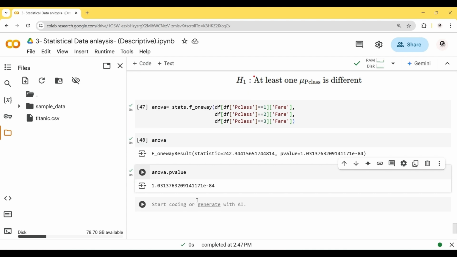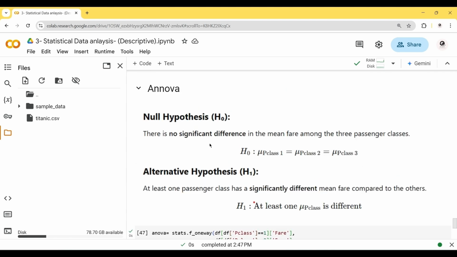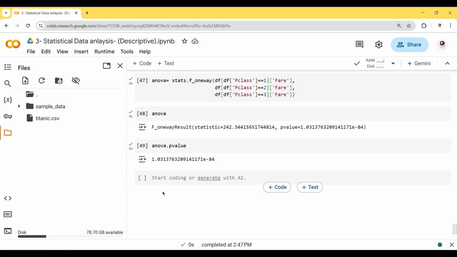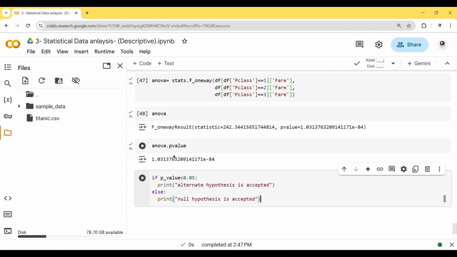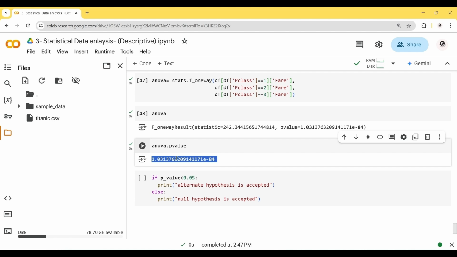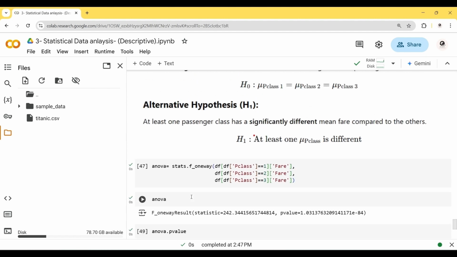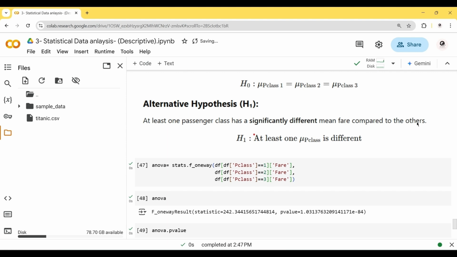Next, what we are going to do, we are going to compare it with our significance level, which is 0.05. So here the P value is less than 0.05. So alternate hypothesis will be accepted and the null will be rejected in this case. So we can say that at least one passenger class has a significantly different mean compared to the others.